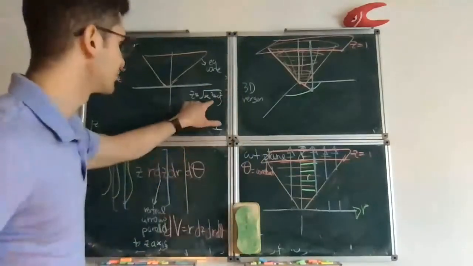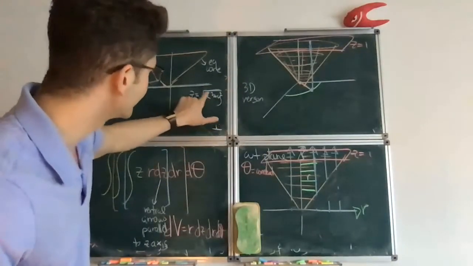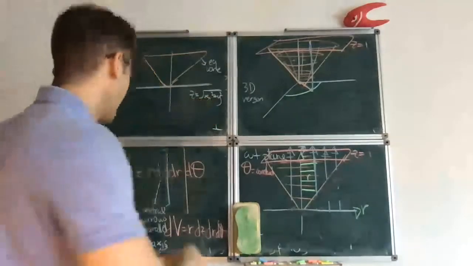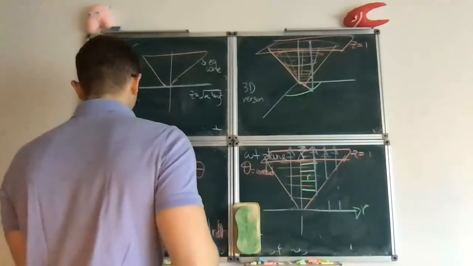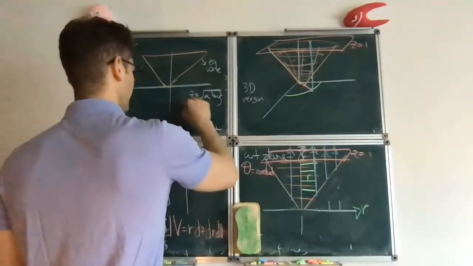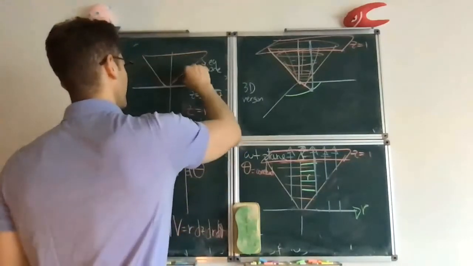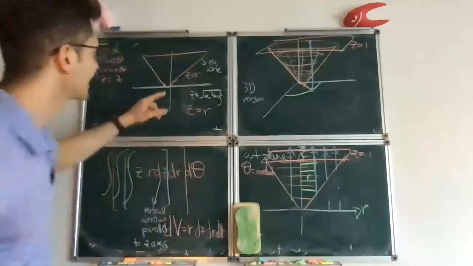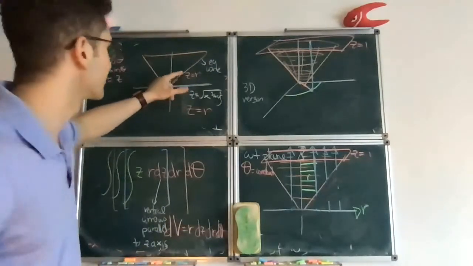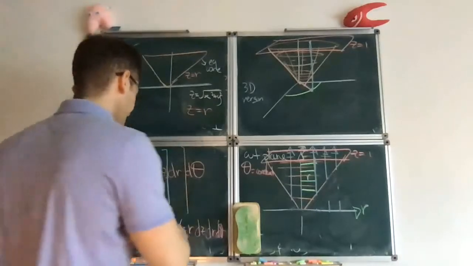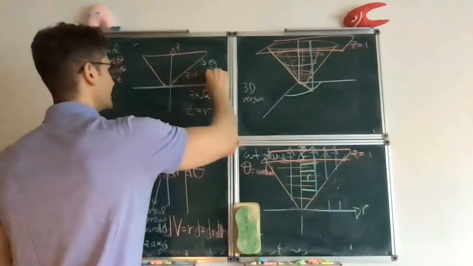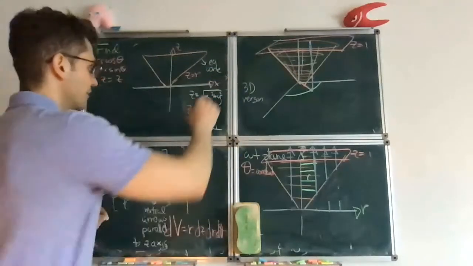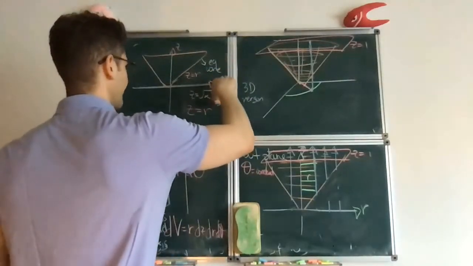When you change this into polar coordinates, this becomes z equals root of r squared, and so the equation of the cone here is just z equals r. That is like the analog of y equals x, which is what you would expect if you think of this as y and this as the x-axis, which I'm calling r for convenience.